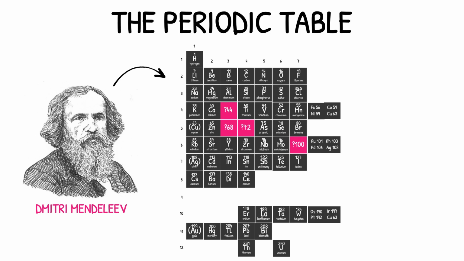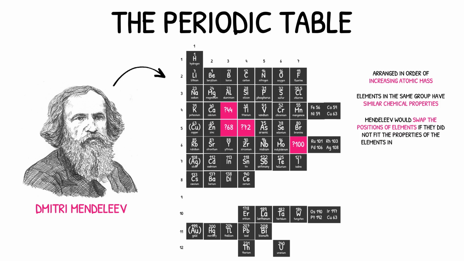At the time Mendeleev conducted his work, the electron and the proton were yet to be discovered, and so Mendeleev arranged his table in order of increasing atomic mass. Elements in the same group shared similar chemical properties, and Mendeleev would swap the positions of different elements if he felt their properties were better suited to the elements in a different group.